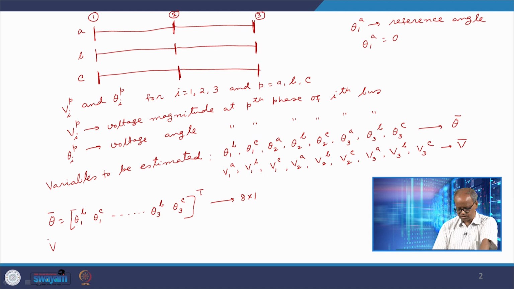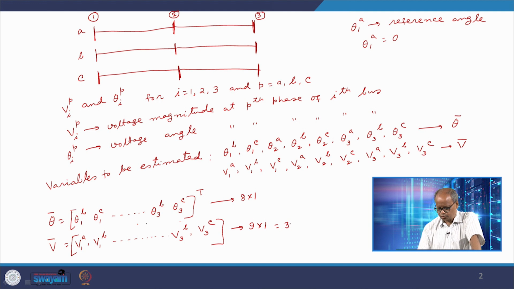My V vector is V 1 A, V 1 B, and so on up to V 3 B, V 3 C. This is 9 cross 1, which is 3 into 3, that means 3N, where capital N is 3 because I have a total of 3 buses. And for theta it is 3N minus 1.